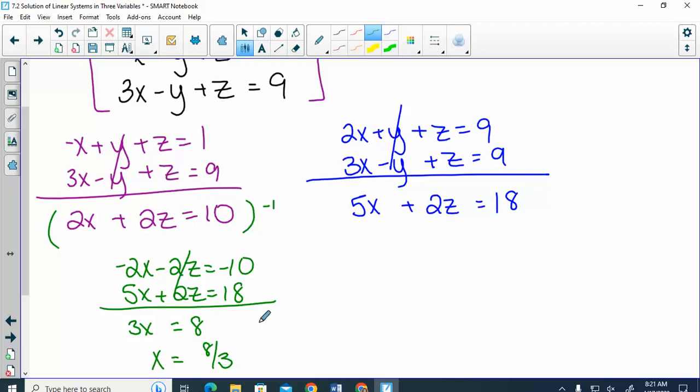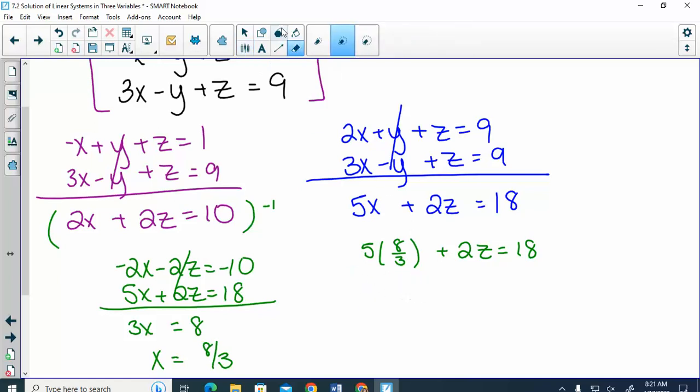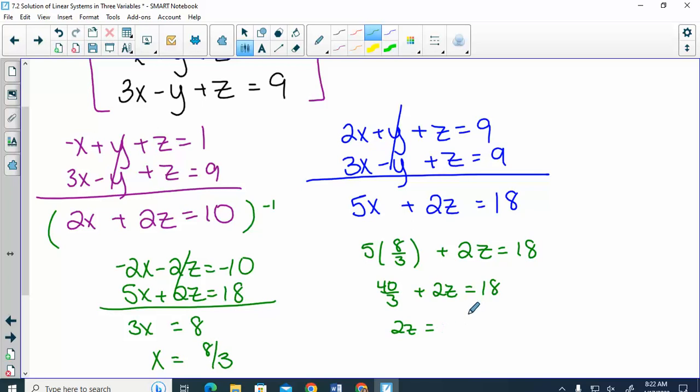So now we have to work backwards. We have x, plug it back into one of these equations. 18.